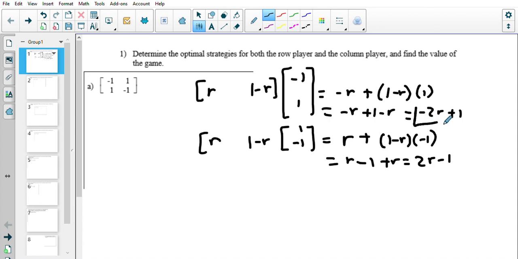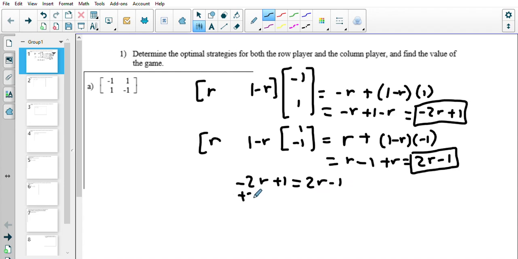And then we'll set these two equal to each other, and that'll give us the optimal value for R. So -2R plus 1 equals 2R minus 1. We can add 2R to both sides and add 1 to both sides. That gives us 2 equals 4R. So R equals 2 over 4, or 1/2.